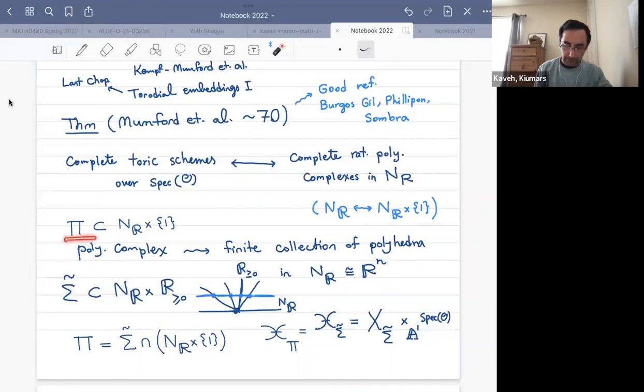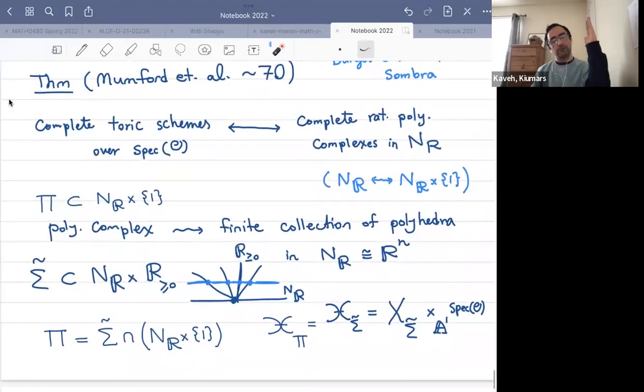And these are what they classify as toric schemes over a discrete valuation ring. Constructing the corresponding toric scheme is not difficult.